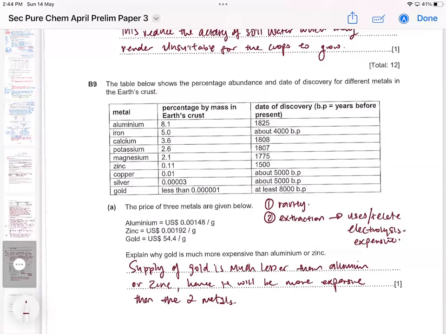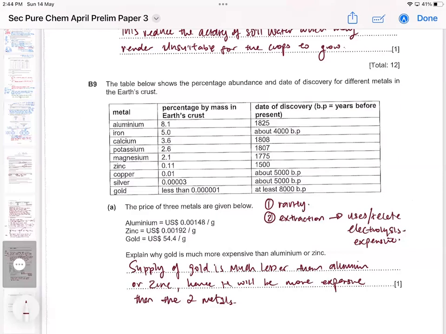Yeah. Actually, let's consider that it is very constant in terms of the earth's crust composition. So it is always about 8% aluminum and about 0.1 for gold. So let's keep the abundance consistent. Why would gold be more easily discovered? And why are those three metals, copper, silver, gold, discovered way earlier than the rest?